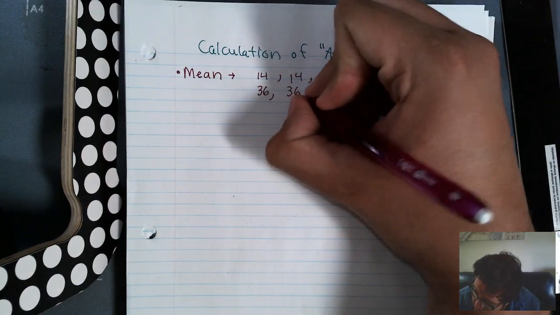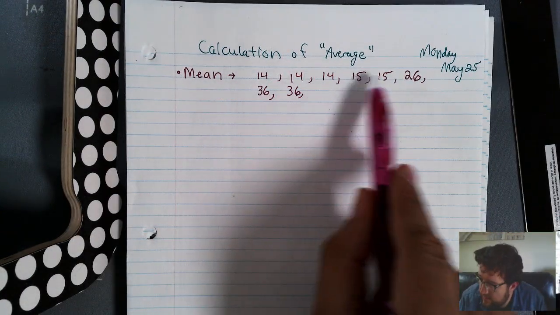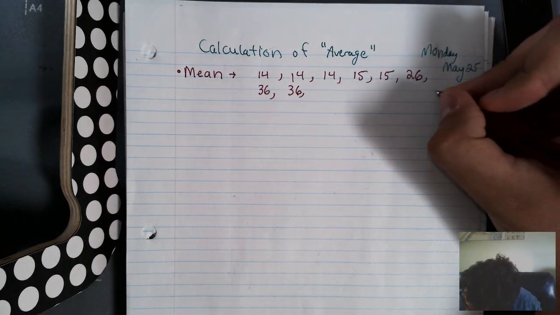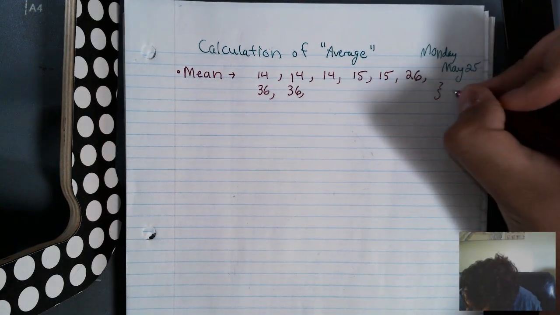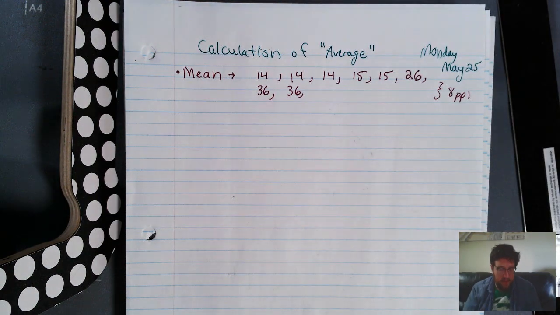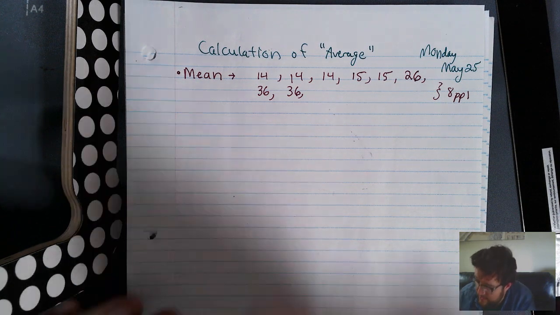Who would have thought? Okay, so this is our data set. We have 1, 2, 3, 4, 5, 6, 7, 8 people. I'm going to put 8 people, just like that. To find the mean with these 8 people, this is our data. Put a nice little box around it.